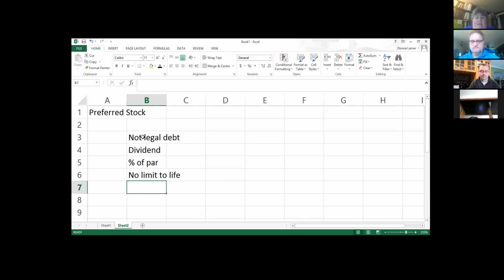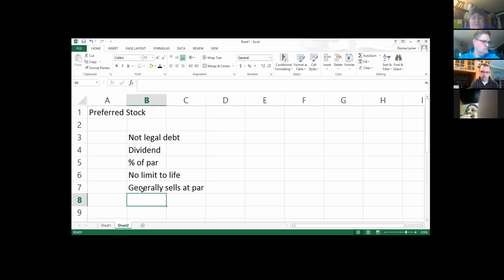So when the company is promising or borrowing money through preferred stock, they're promising a dividend. The stock may or may not sell at a price higher or lower than its par value, but generally it sells at par. Now, what does that mean?